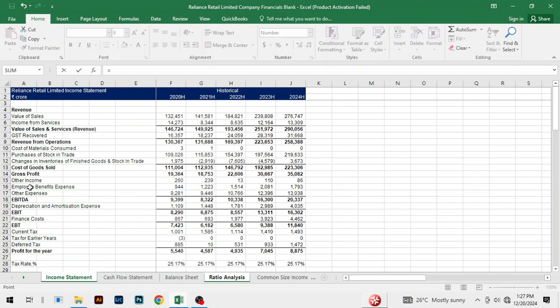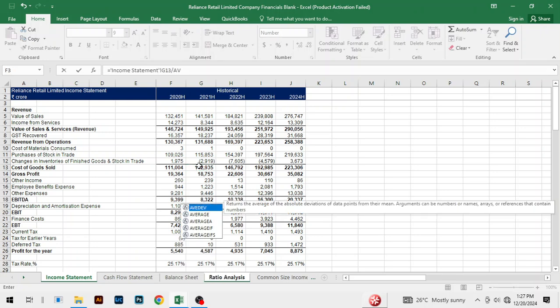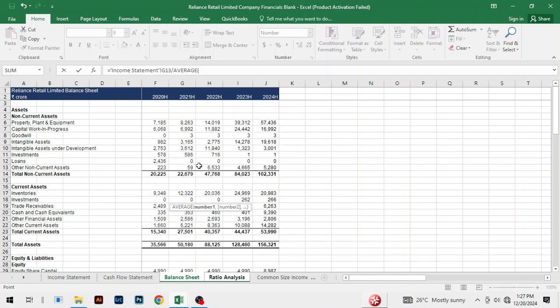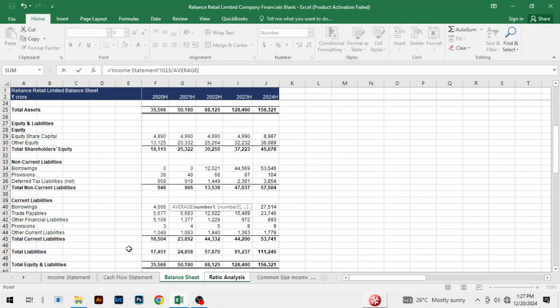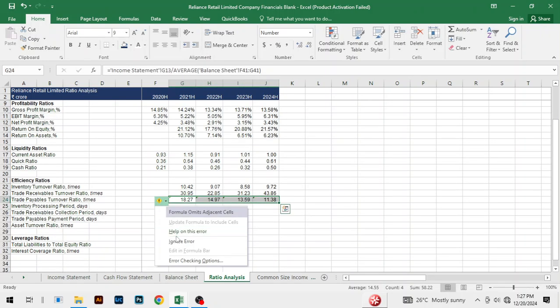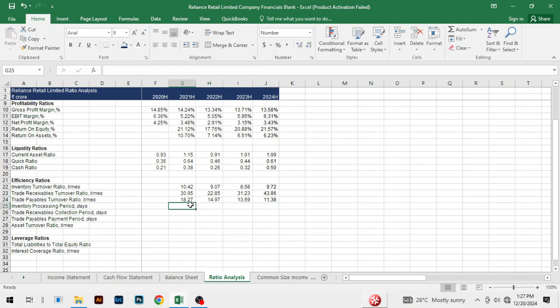So we take the cost of goods sold, we take the average, and we come back to the balance sheet under current liabilities, and then we take the average of trade payables, right?